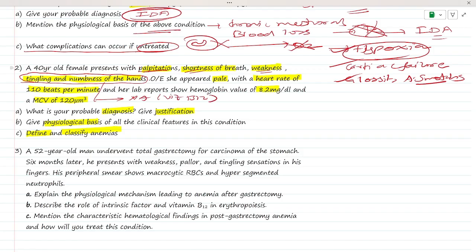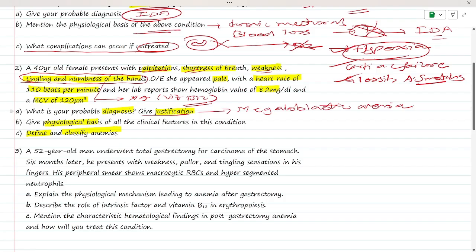Neurological manifestations are seen only in megaloblastic anemia due to vitamin B12 deficiency; in any other anemia, these neurological symptoms are not seen. So the diagnosis is megaloblastic anemia.